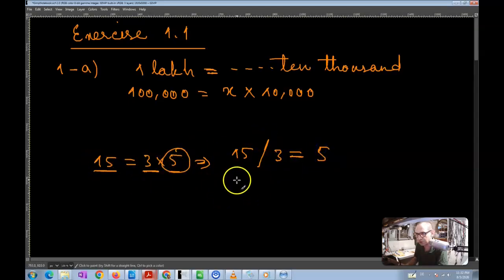Or if you take the same 15 and divide by 5, you will get the other number, which is equal to 3, right?